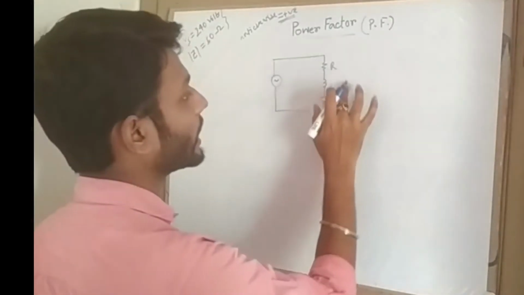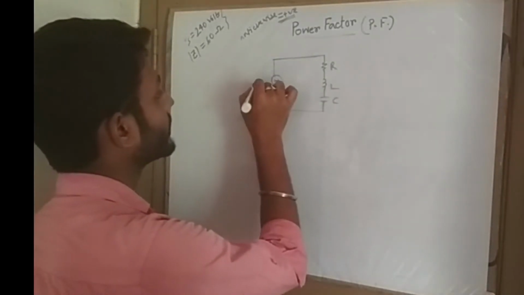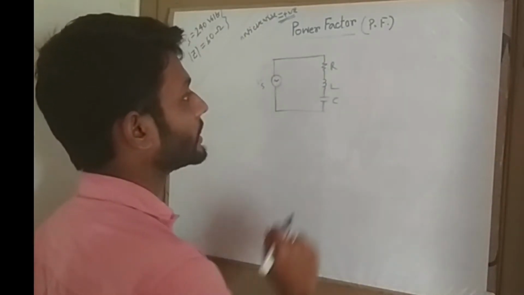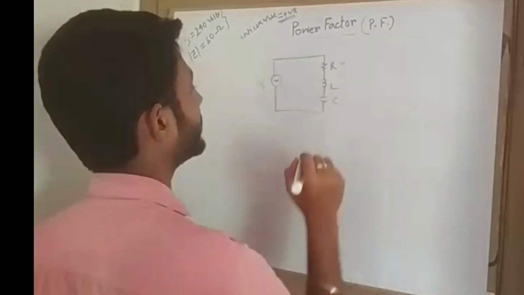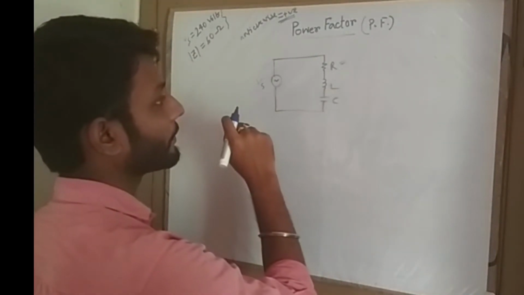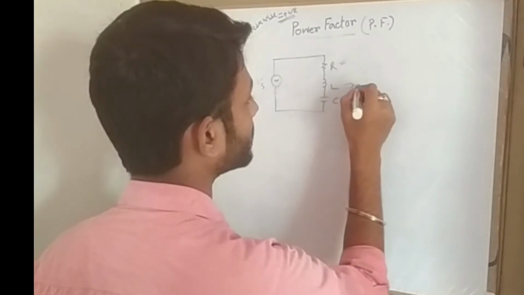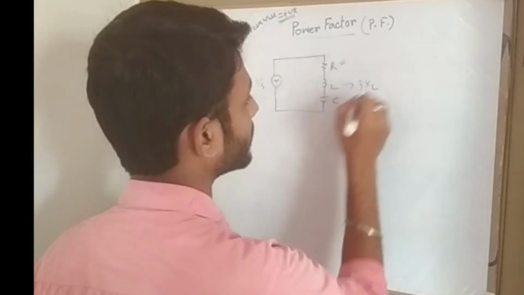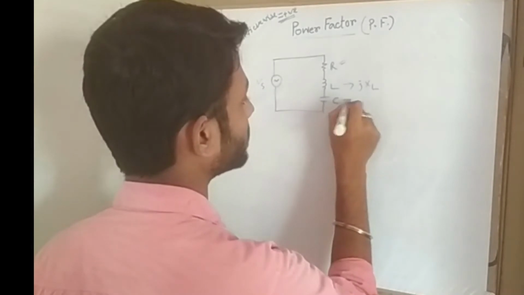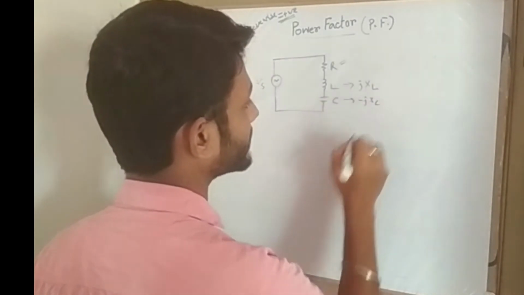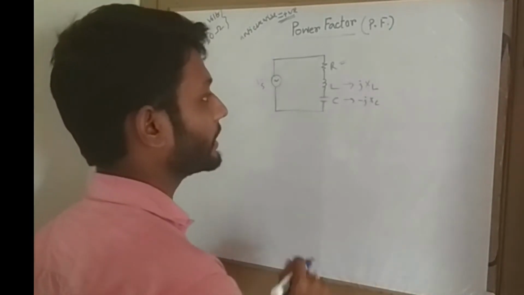For this type of RLC circuit, we'll see how to find out the power factor. R value is fixed, it will be given. Okay, and from this L we will get jXL value, and from this capacitor we will get minus jXC, that is the capacitive reactance value.